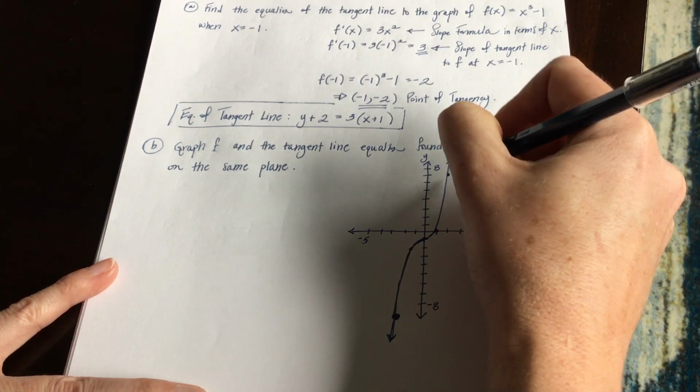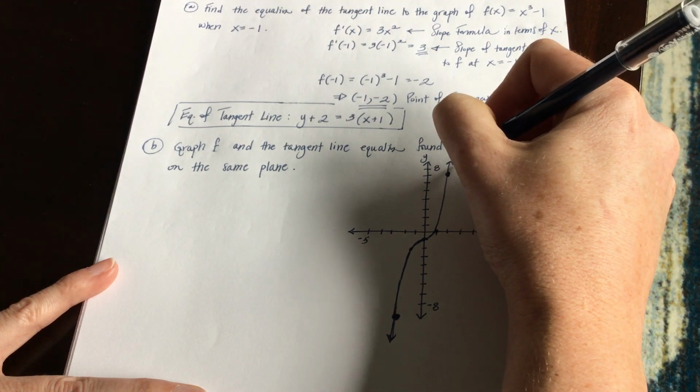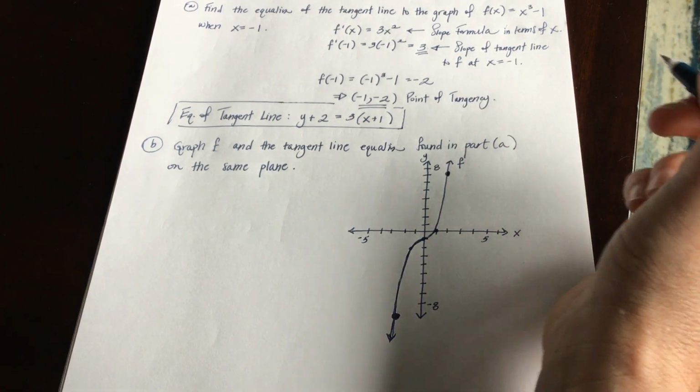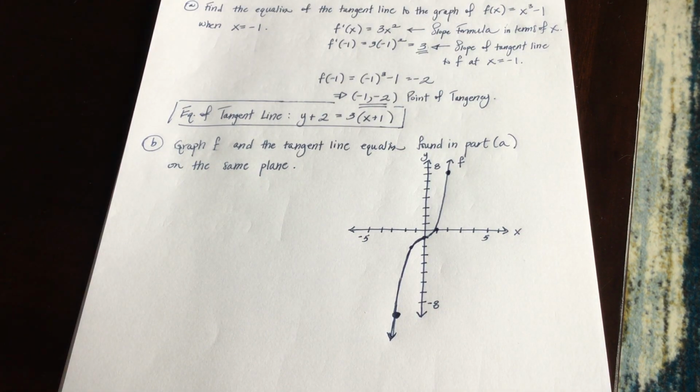Just make that dog globbier so it looks like... Okay, so here's a somewhat not too horrid graph of f.